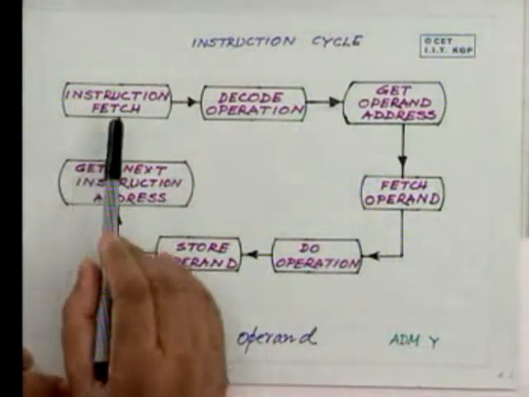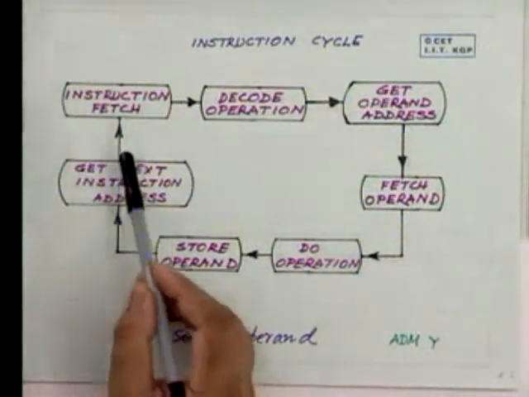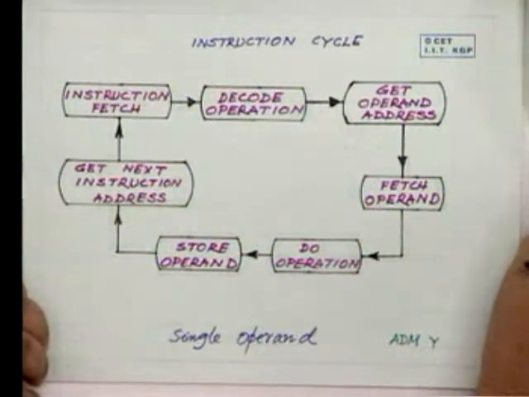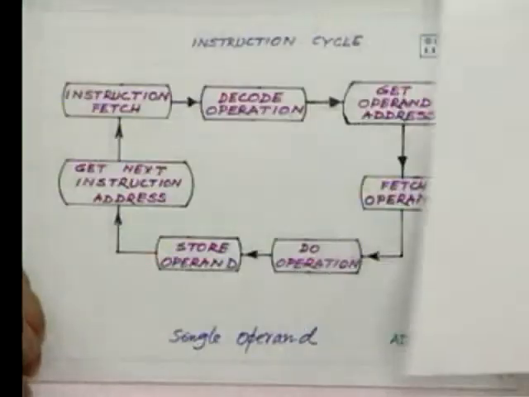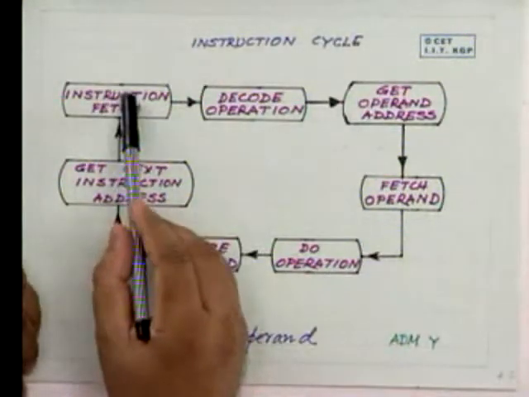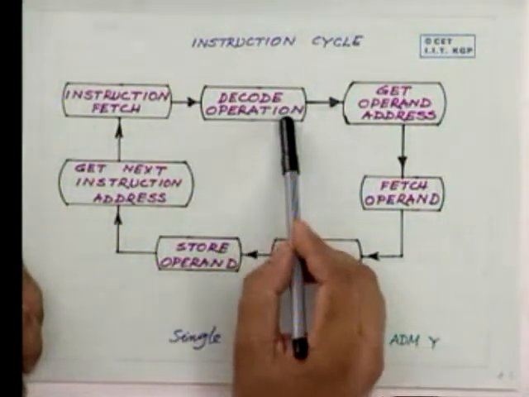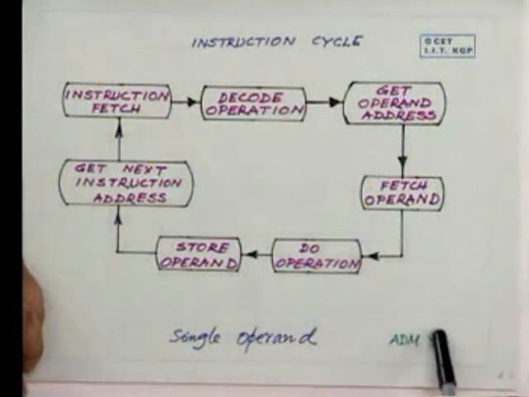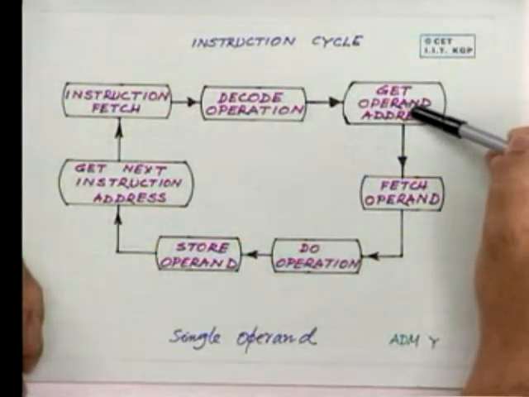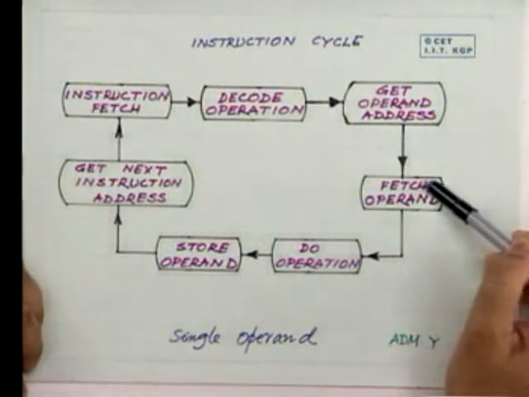Now, we have elaborated a little bit more than the very skeletal state diagram that we have given here. The instruction fetch is done, then the machine decodes the operation. Now, it gets the operand address, that means it gets the address of that operand here. It then fetches the operand.